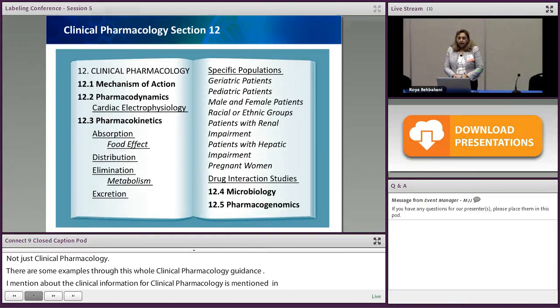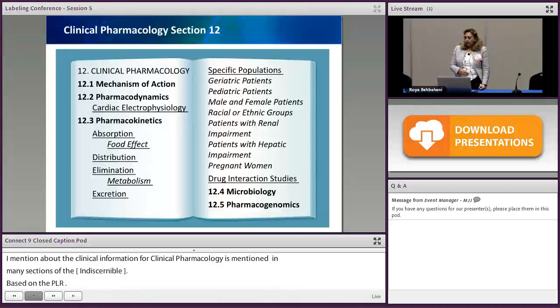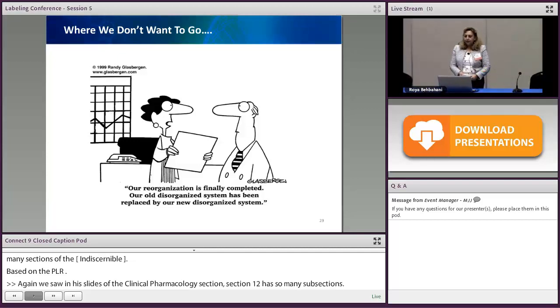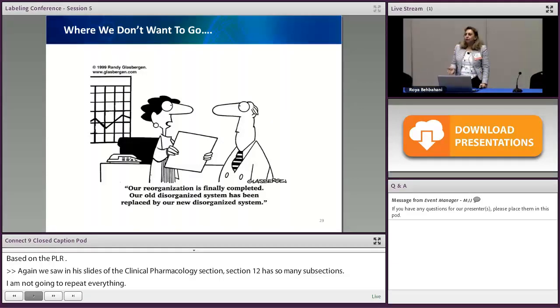And then, again, we saw in his slides of the clinical pharmacology section, section 12 has so many different subsections. So I'm not saying this to repeat everything that is already mentioned, but it's just to say that we don't want to go from one disorganized situation to another, because with clinical pharmacology, we have so many options for where to put the information.